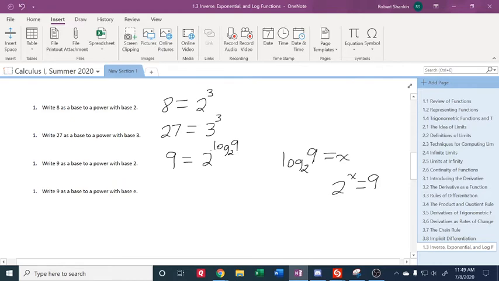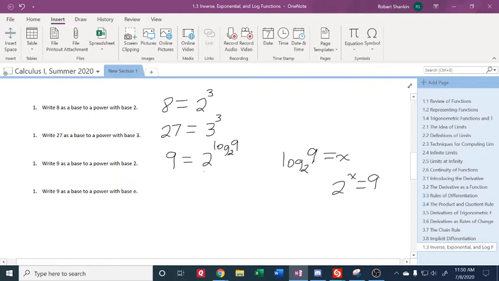They're going to kill each other off. And so I'm going to get 9. And it's also causing us to think in this really strange way. Remember, this is asking 2 to what power will give me 9. It'll be that 3.2 approximately thing that we were thinking about. 2 to what power is going to give me 9. Now raise 2 to that power, and I got to get 9.